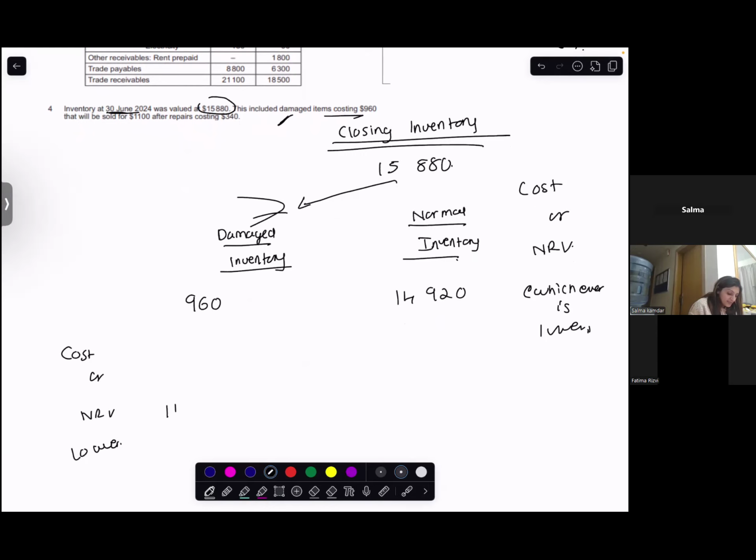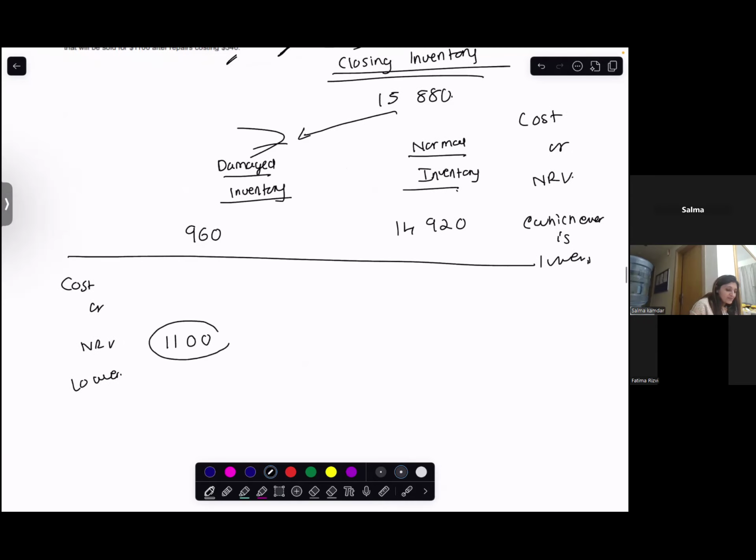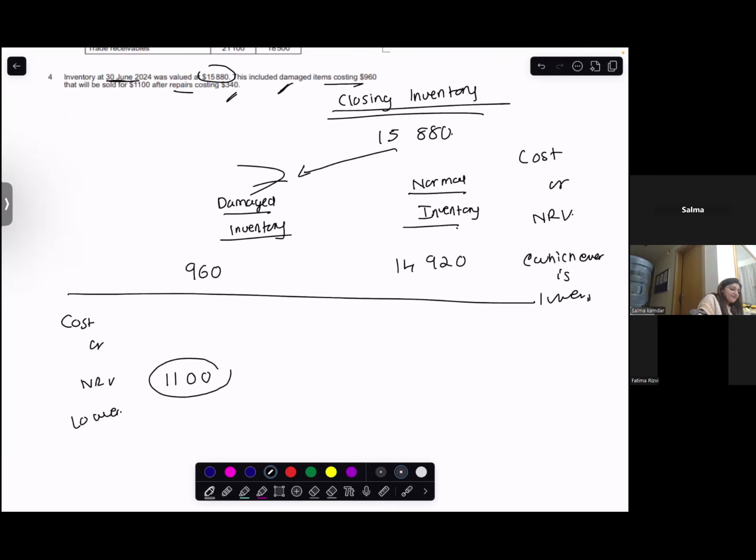That means the net realizable value is 1,100 if I did repairs of 340. One minute, I'm reading. Okay, so this can be sold for 1,100 if there were repairs of 340.